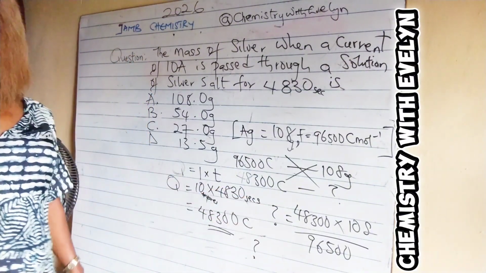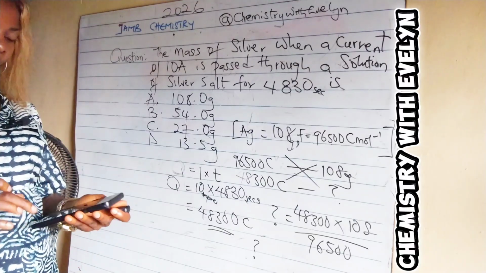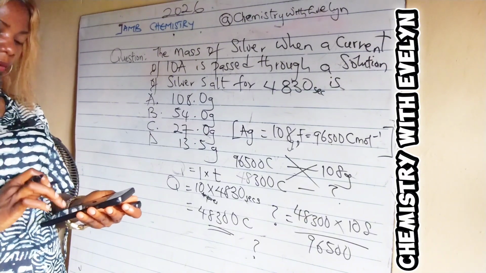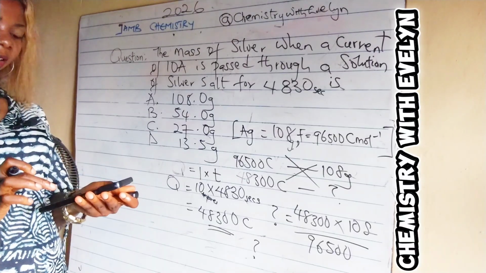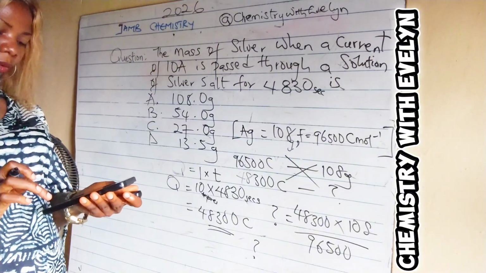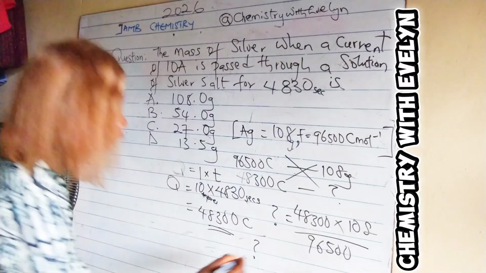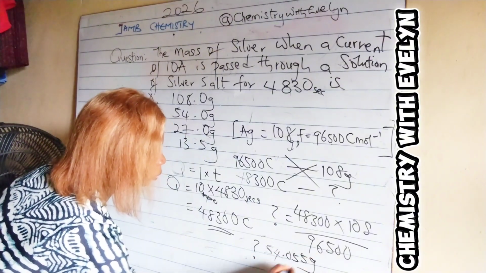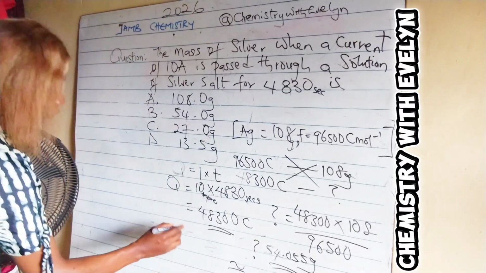48,300 times 108 gives us 5,216,400. We now divide by 96,500, and we have 54.055 grams, which is approximately 54 grams.